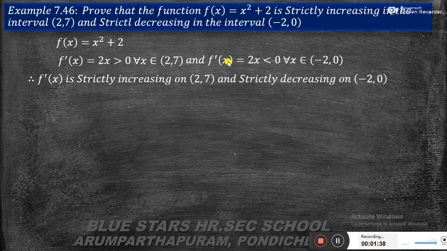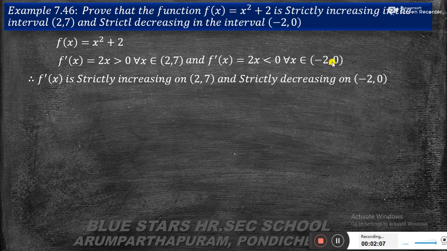Next, f dash of x equal to 2x is less than 0. I represent less than 0 because the x I take is from the interval minus 2, 0, which means negative values. All the values in this interval are negative values only, no positive values.